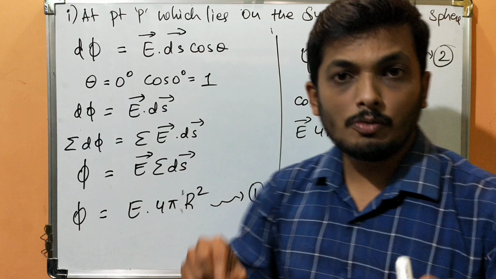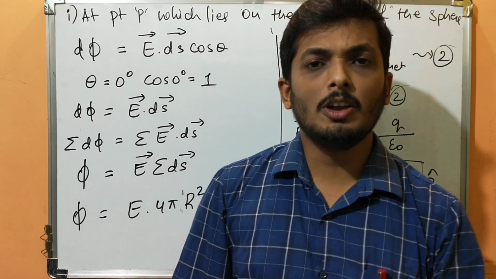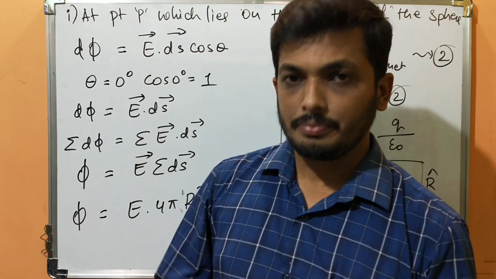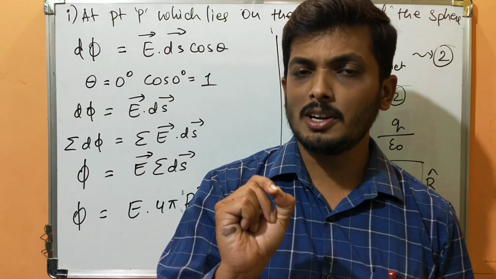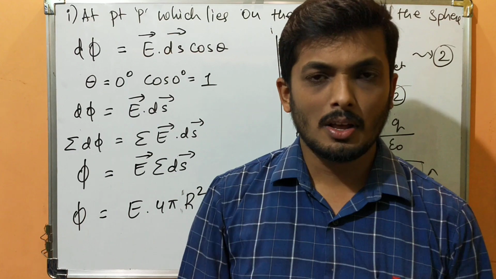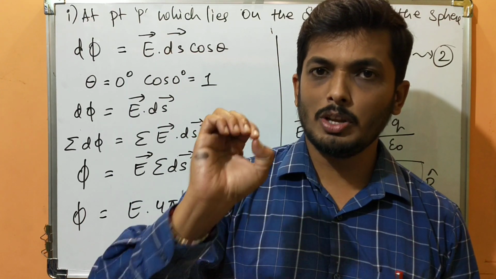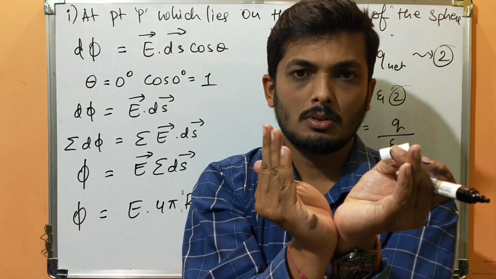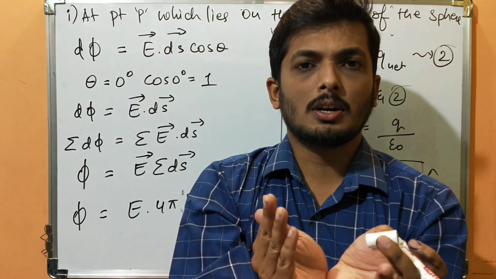For the third case, the electric field will be straight away 0, because from electrostatics we know that charge always resides on the surface of the conductor.